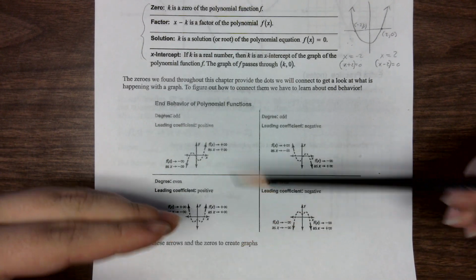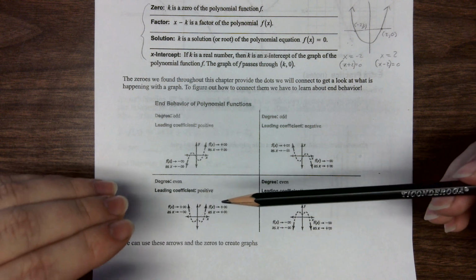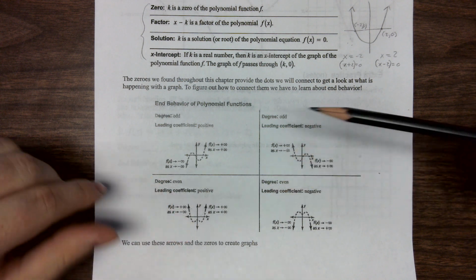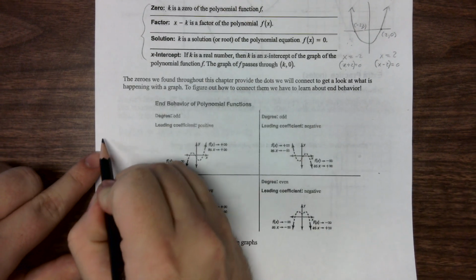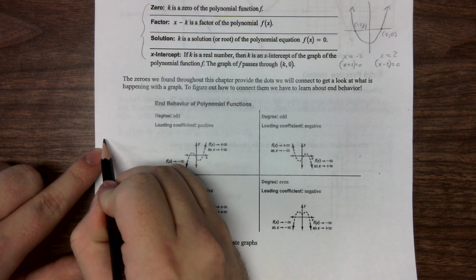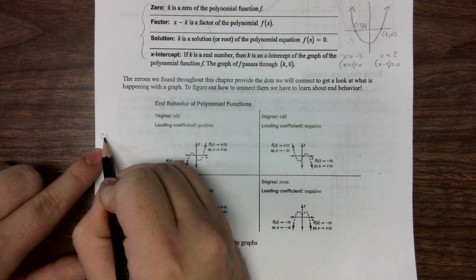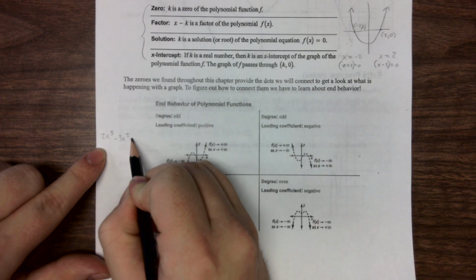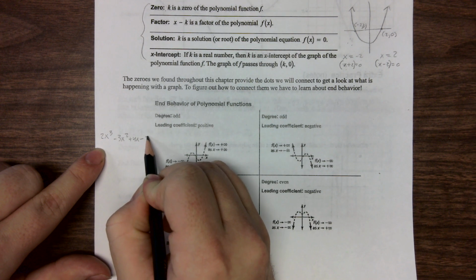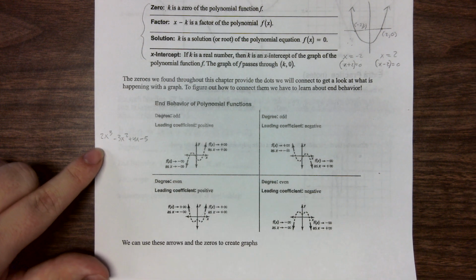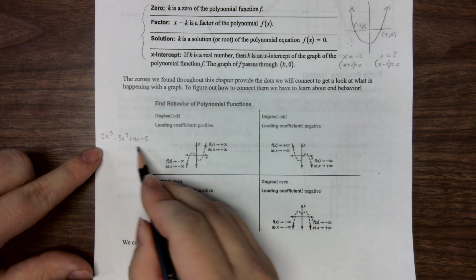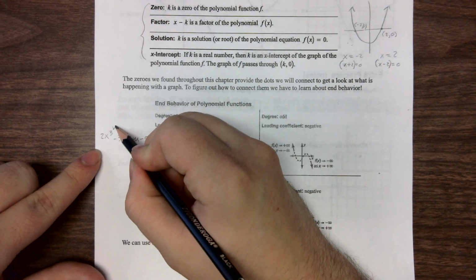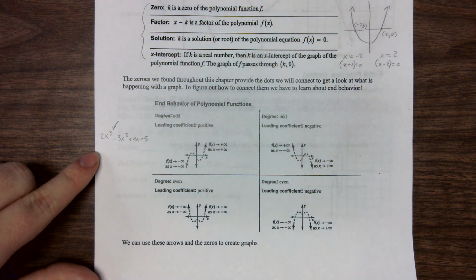The degree is going to be the highest power of your polynomial. So let's say I give you a polynomial such as 2x cubed minus 3x squared plus 4x minus 5. You can see here that our degree, the highest power, is 3.